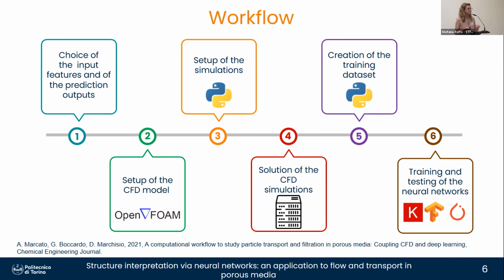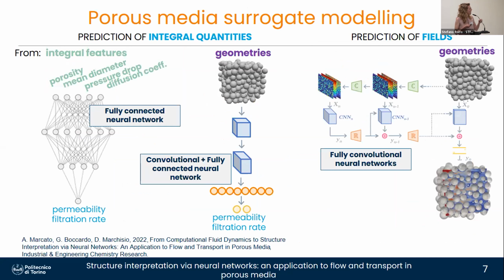In my work, we used OpenFOAM as the CFD tool for solving the simulations. We proved that data-driven models can be used for the surrogate modeling of flow and transport in porous media quite well.